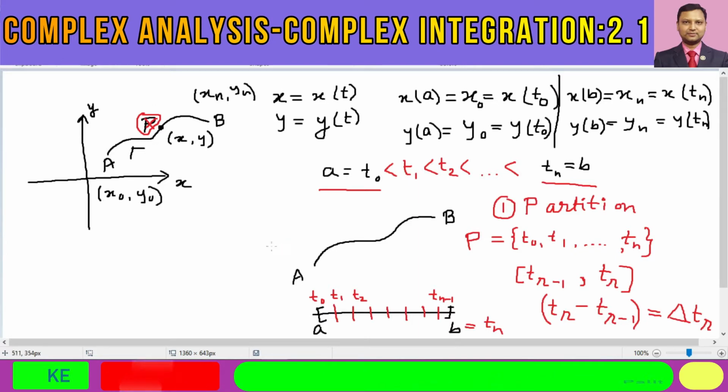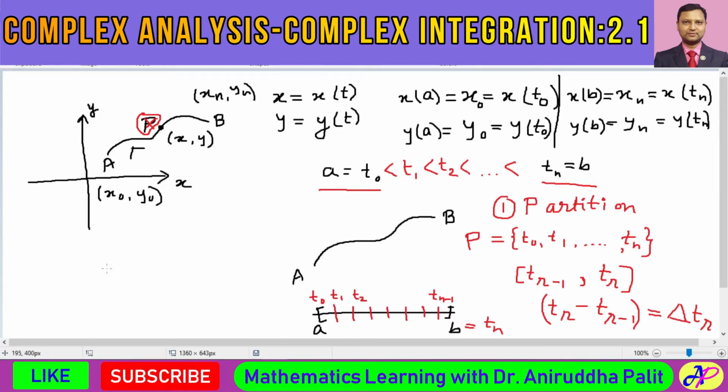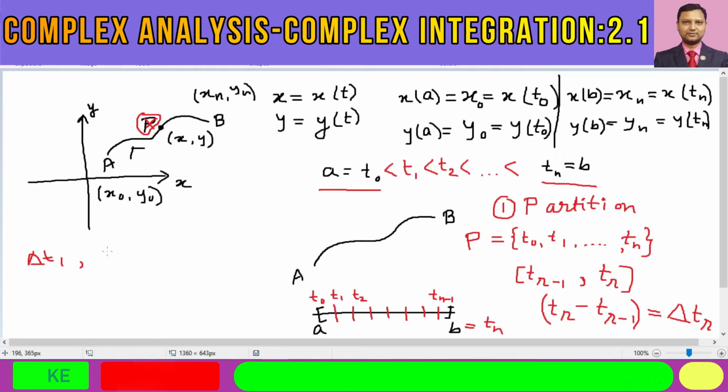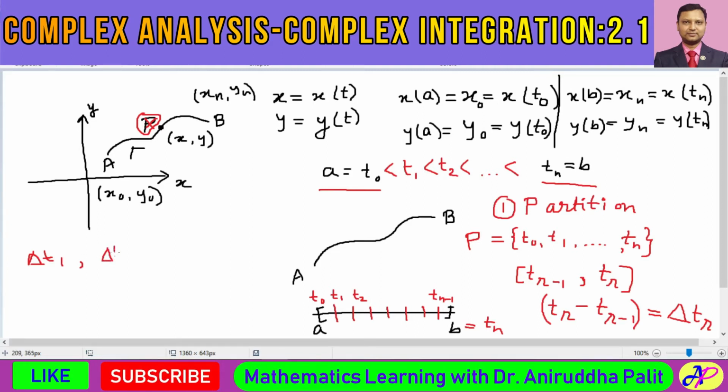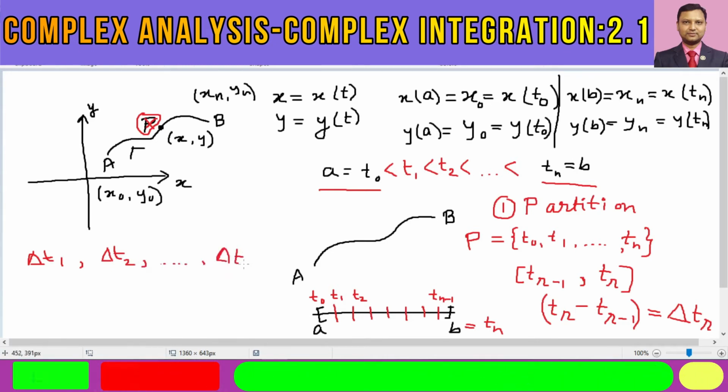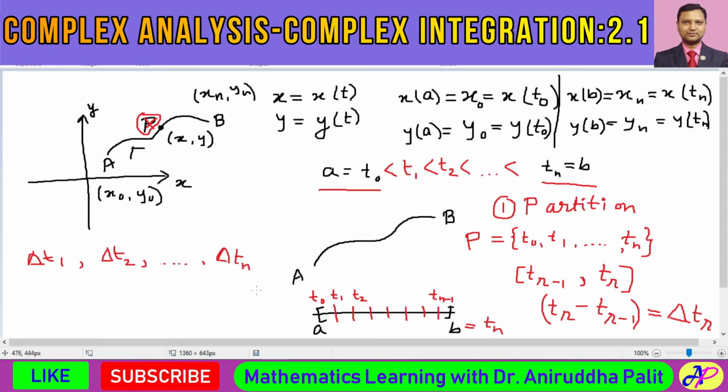Now delta t1 is the length of the first subinterval, delta t2 is the length of the second subinterval, and so on. Similarly, delta t_n is the length of the last subinterval.